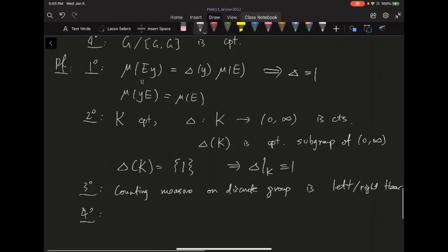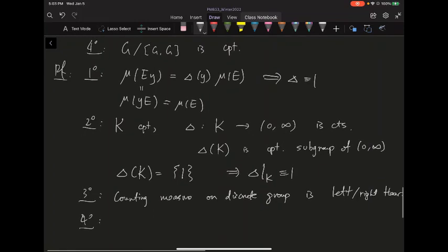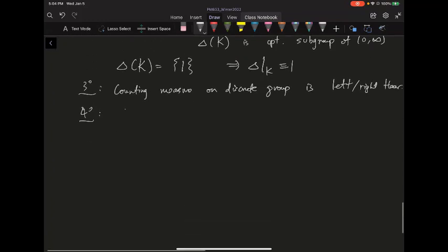And the last one: I want to show that if you quotient G by its commutator subgroup, and this quotient is compact, then G is also unimodular. Let me remind you that the commutator group is generated by those commutators of x and y, where x, y are inside G. This commutator is essentially just x y x inverse y inverse. When x and y commute, this commutator is the identity.